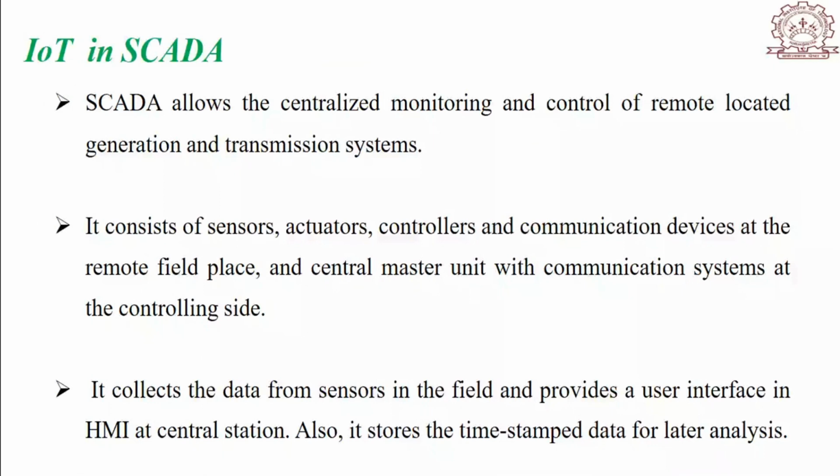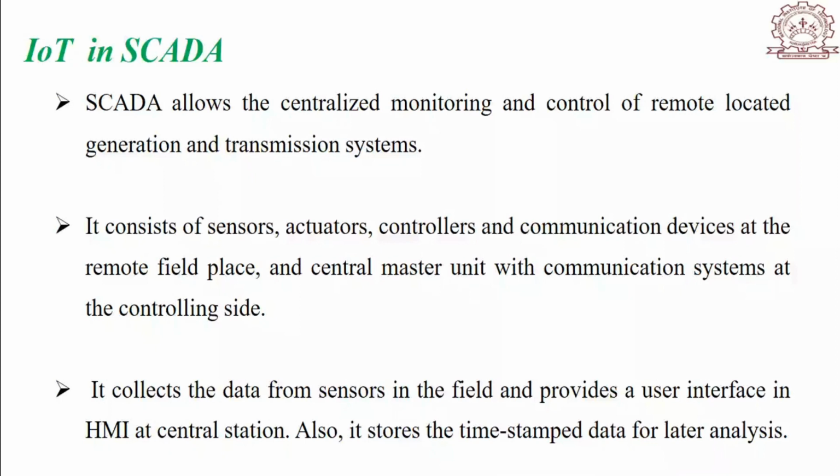Then is the application of IoT in the SCADA based system. SCADA allows centralized monitoring and control of remotely located generation and transmission systems. It consists of sensors, actuators, controllers, and communication devices at the remote field place, and a central master unit with a communication system at the controlling site.